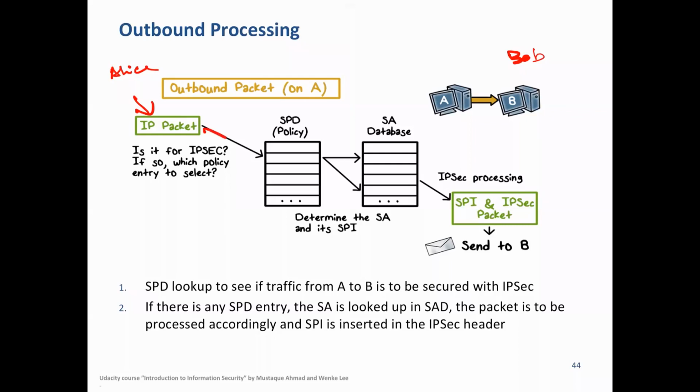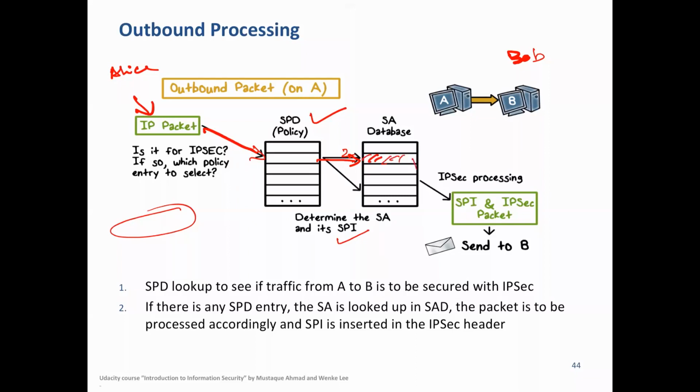This packet goes to the SPD, the security policy database. Looking at all these parameters, the security policy database will say that this particular security association is to be used, and basically its SPI. It will say, for example, that index 2 is to be used.